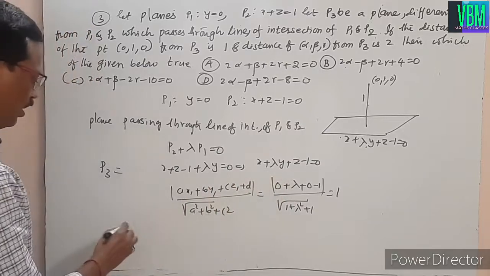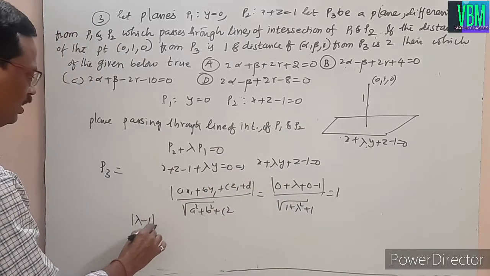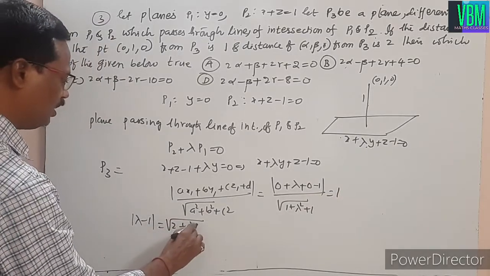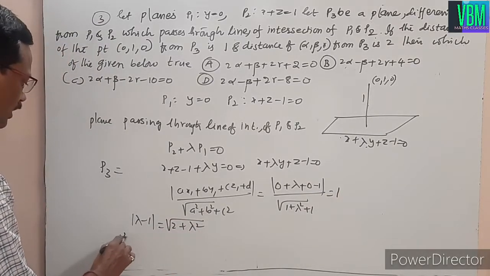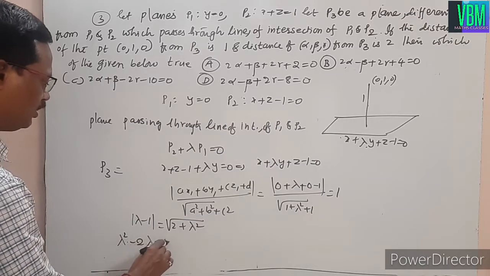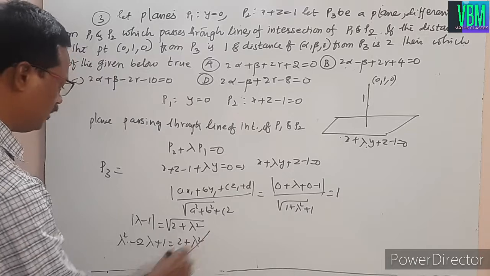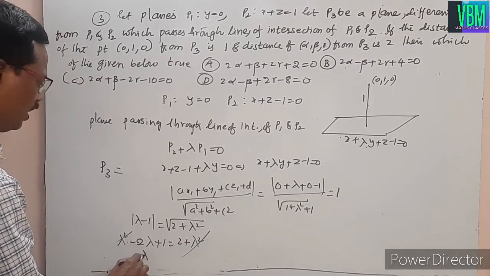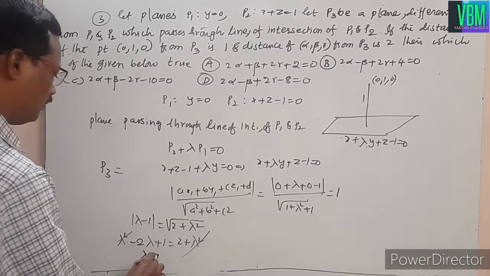Now see, mod lambda minus 1, bring that side, under root of 2 plus lambda square. Squaring both sides, lambda square minus 2 lambda plus 1 is equal to 2 plus lambda square. Lambda square is cancelled, therefore lambda is equal to how much? Minus 1 by 2.